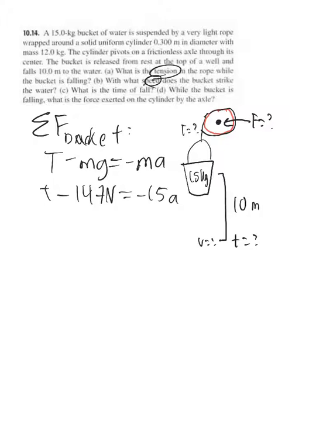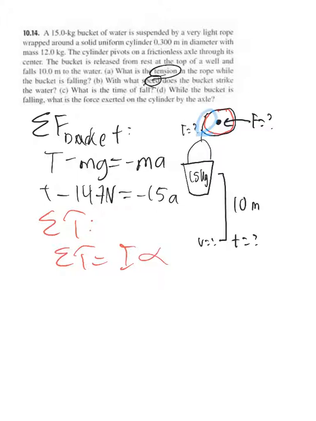So I'm going to sum up the torques too. And I'm going to use Newton's second law for rotation, that the sum of the torques equals I alpha. The only thing that's going to put a torque on here is going to be the tension that we have going. This tension that's right here. Okay.